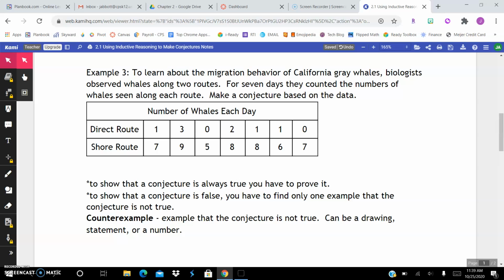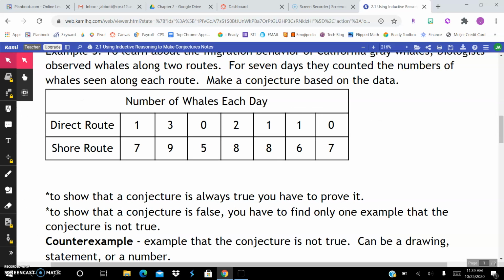So for example 3, to learn about the migration behavior of California gray whales, biologists observed whales along 2 routes. For 7 days, they counted the number of whales seen along each route. Make a conjecture based on the data. So we just have to look. The direct route was going from point A to point B. They saw 1 whale, 3 whales, 0 whales, 2 whales, 1 whale, and 0 whales on each respective day.